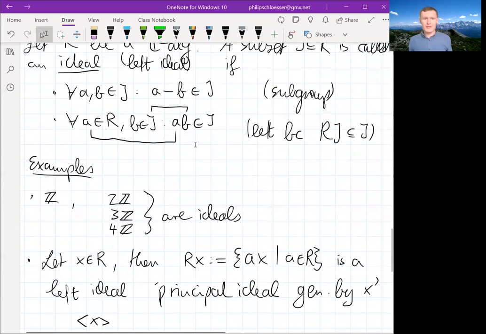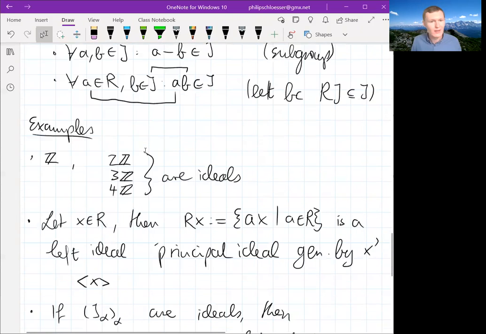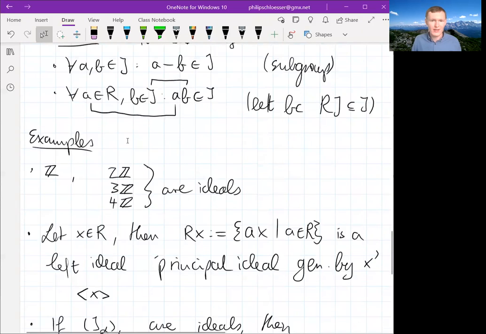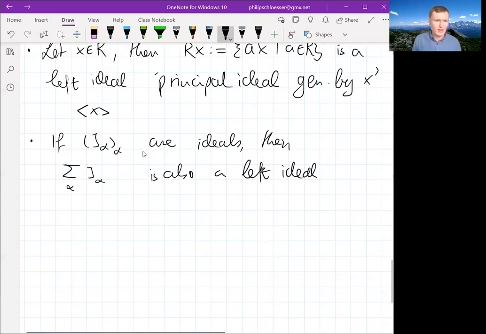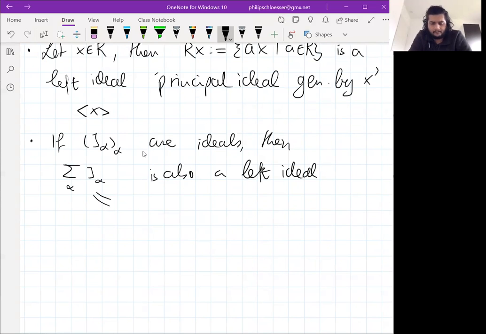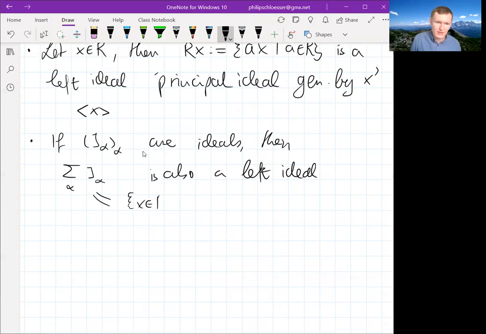So not only are we talking about subvector spaces, they should also be invariant under multiplication on the left with any other element in the ring or in the algebra. And this direct sum that we've defined here is just those elements in R that can be written as a finite linear combination of elements in these ideals.